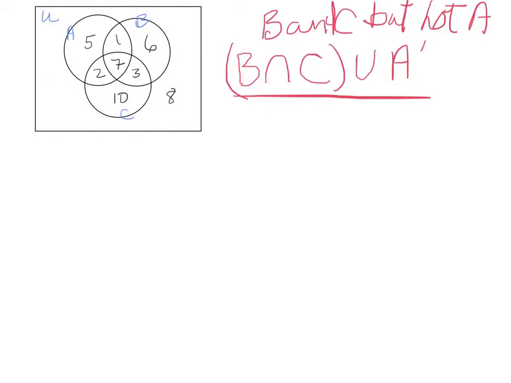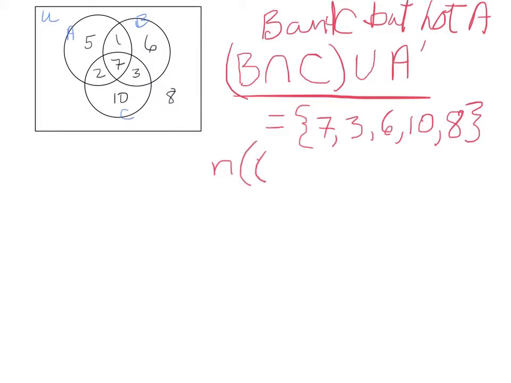And so therefore we can write that this is equal to the set 7, 3, and then 6, 10, and 8. And therefore, now we can answer the question. What we wanted to find was, in reality, the number of elements in B intersects C union A prime. And that's going to equal, based on what we found, the number 5.